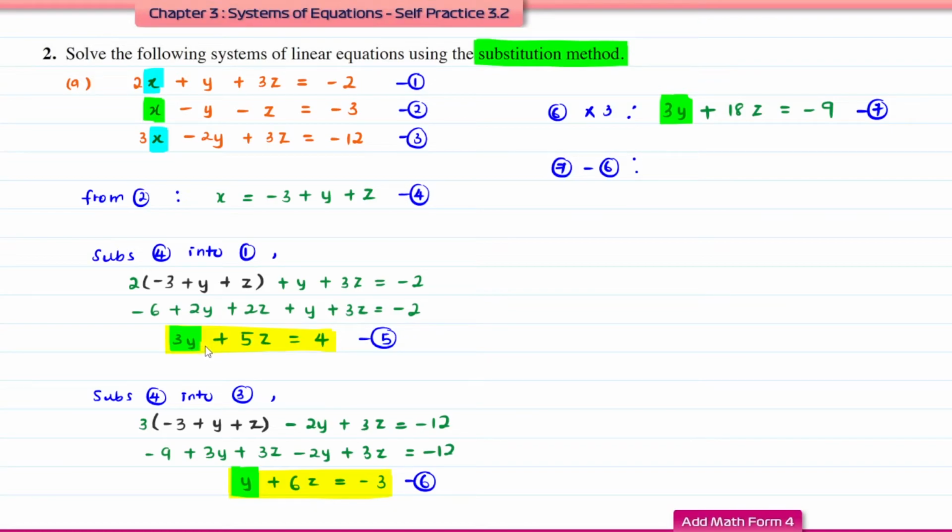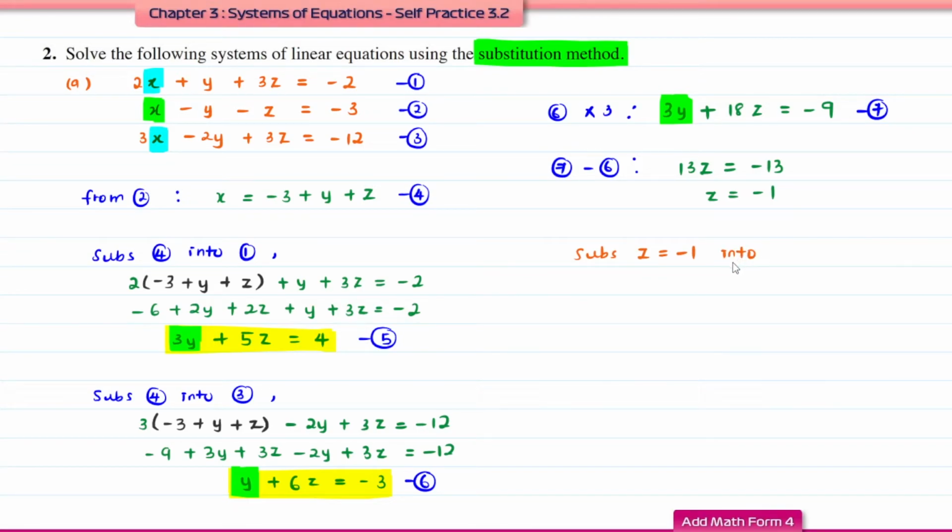It will be eliminated. 18z minus positive 5z is equal to 13z. And negative 9 minus this 4 is equal to negative 13. Therefore, z is equal to negative 13 divided by 13, which is equal to negative 1. Now, next, I'm going to substitute z equal to negative 1.